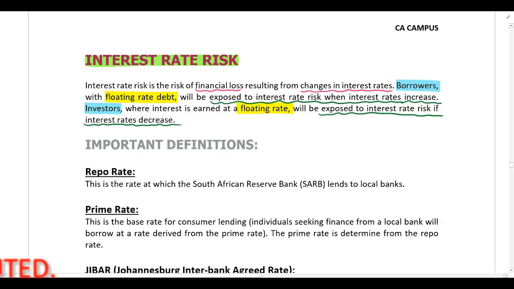If you invest or borrow at a fixed rate of interest, then you will not be exposed to interest rate risk. Only if you are borrowing or investing at a floating or variable rate of interest are you exposed to interest rate risk.